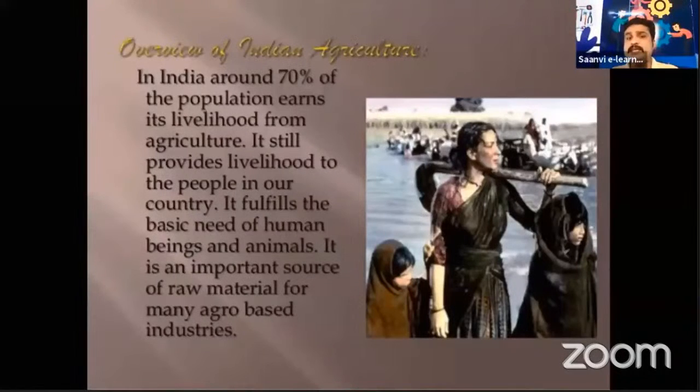It fulfills the basic needs of human beings and animals. It is an important source of raw material for many agro-based industries, the industries which depend on the agricultural sector. What is raw material? Sugarcane is an example I have told you. It is an intermediary good, not a finished product.